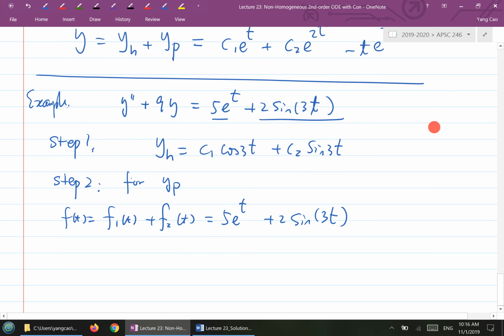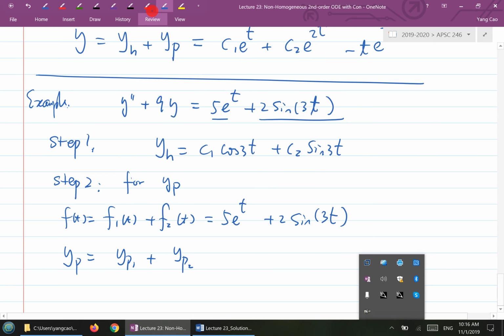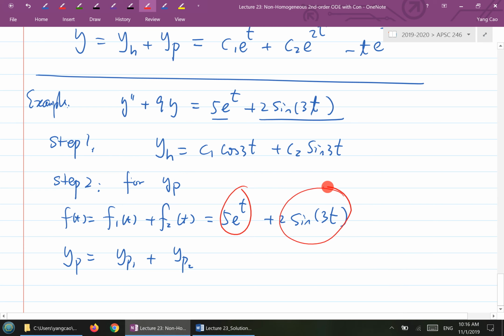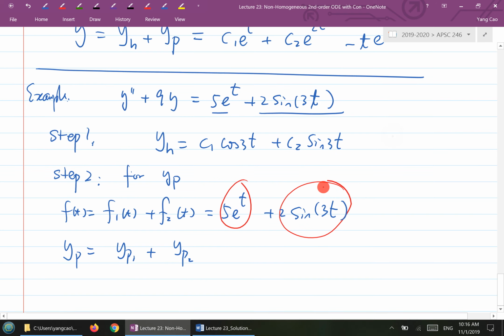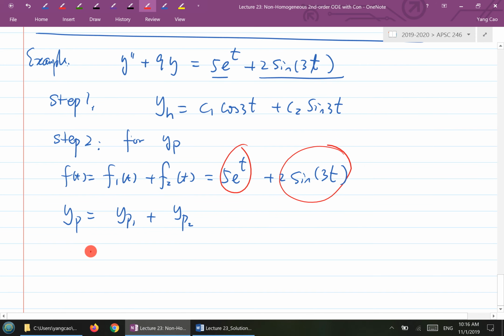So then my yp, I can guess it according to the two different inputs here. So we can guess the yp as yp1 and yp2. Yp1 is the one corresponding to 5e to the power t.